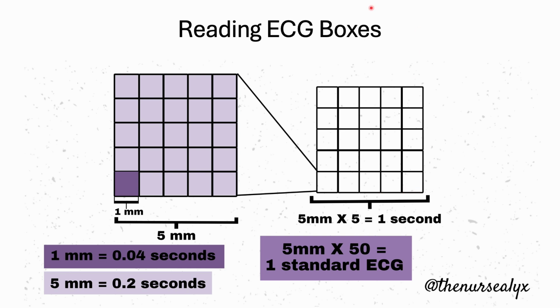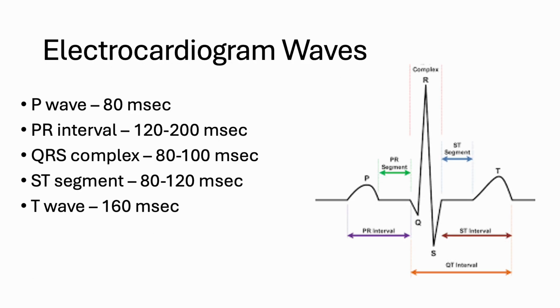The vertical boxes represent voltage, just like EEG, but we don't focus on that. That's getting into advanced ECG stuff. We're more focused on the duration and the morphology, or what every wave looks like. All right, the first wave of a heartbeat is the P wave.